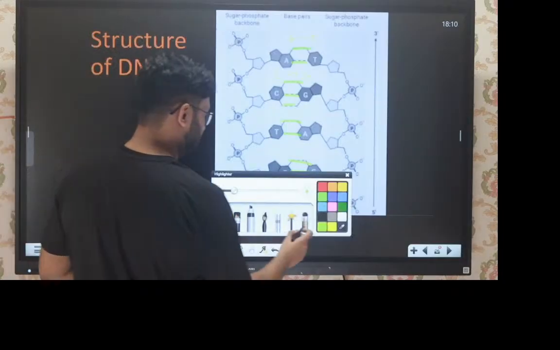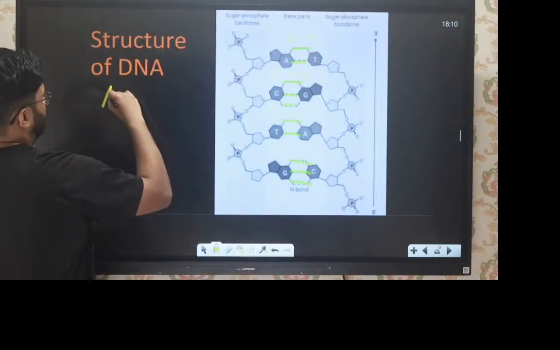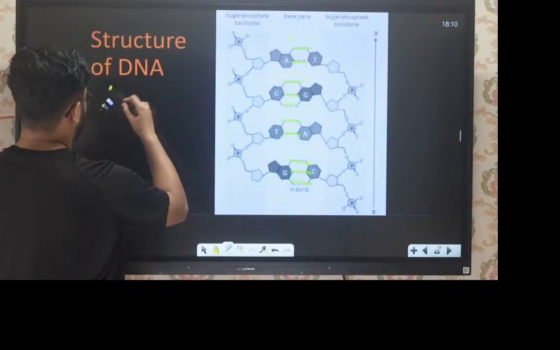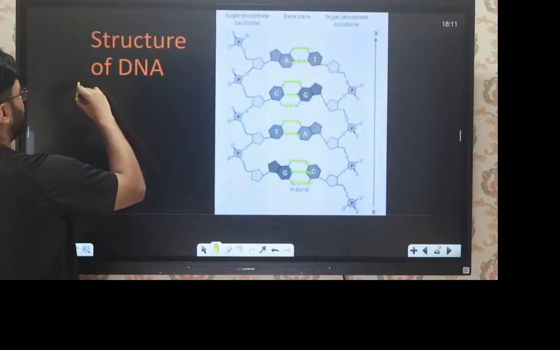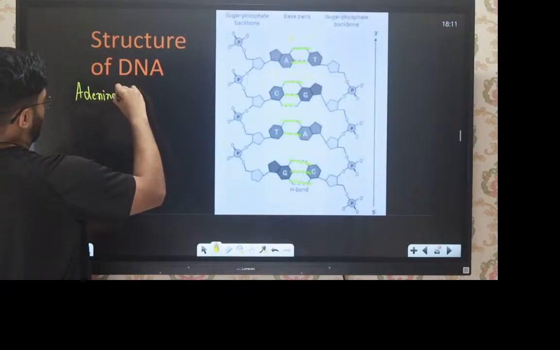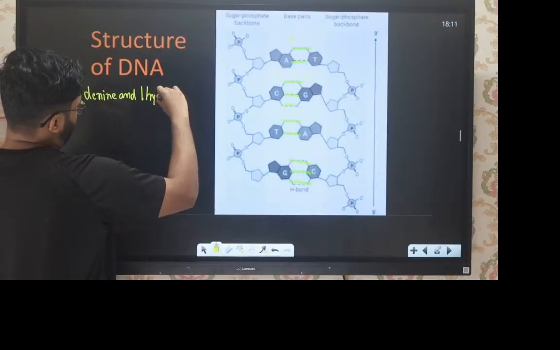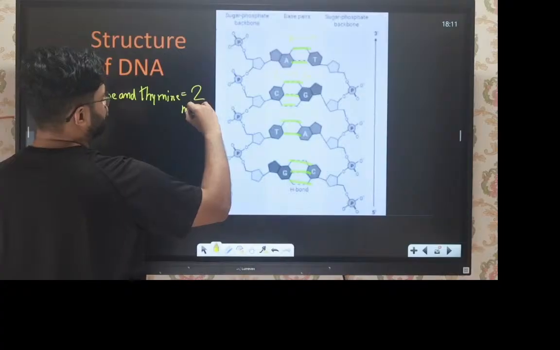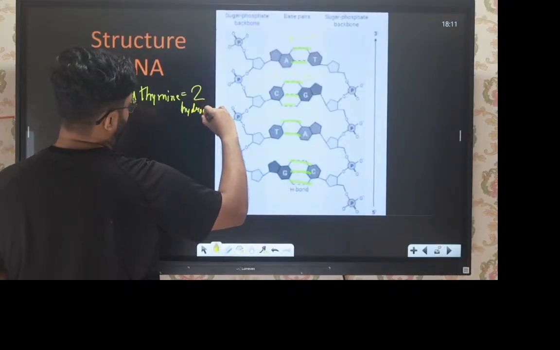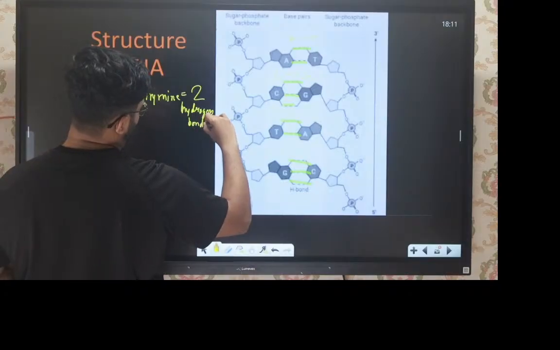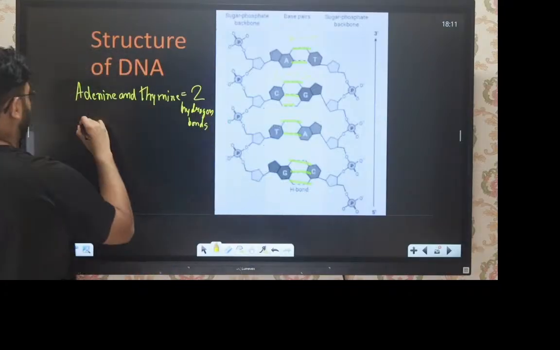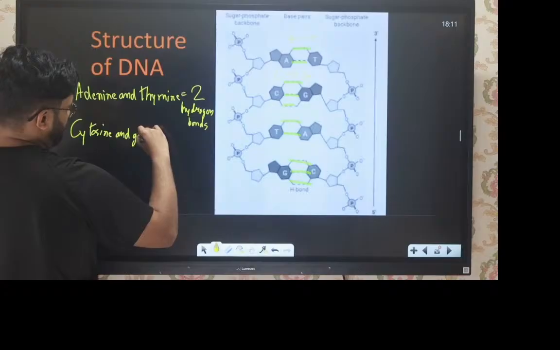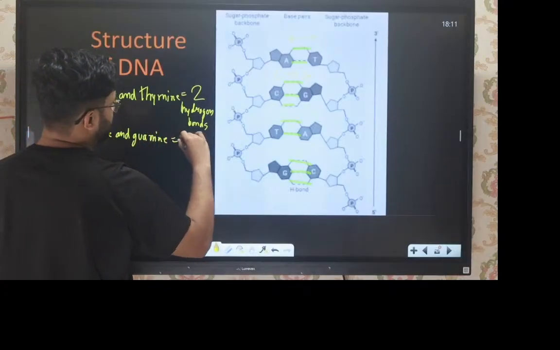So if I write it down, adenine and thymine form two hydrogen bonds, and cytosine and guanine form three hydrogen bonds.